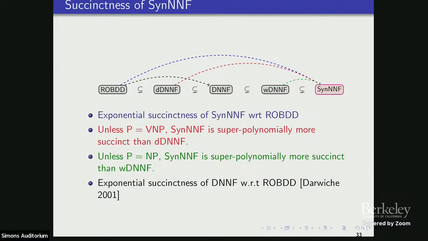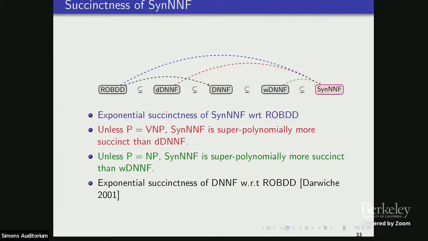And here is the succinctness map for where SYN-NNF stands with respect to the other forms. I'm not sure if the colors here are showing up properly. So we have an unconditional exponential succinctness of SYN-NNF with respect to ROBDD, which doesn't depend on any complexity theoretic conjectures.